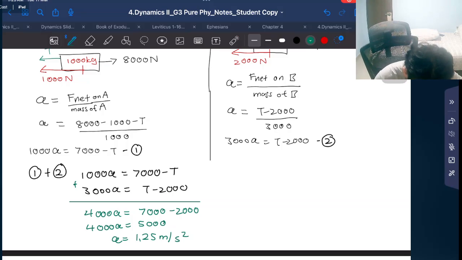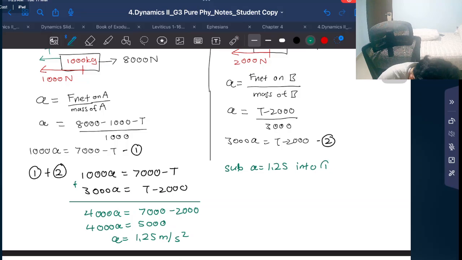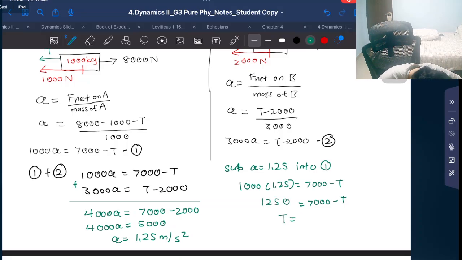Once I have this, I can substitute into either equation 1 or equation 2. So 1,000 times 1.25 is equal to 7,000 minus T. 7,000 minus T gives me 1,250, so T will be equal to 5,750.